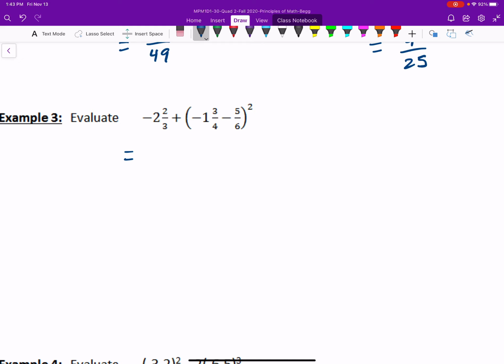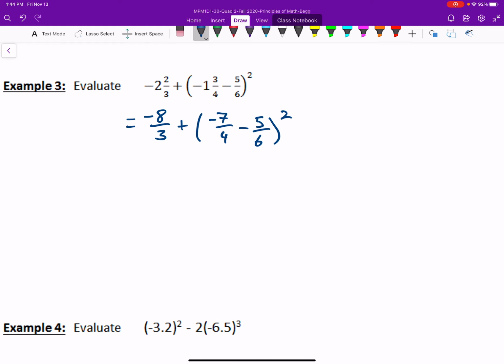So I'll change this first fraction to an improper fraction, just for example. 2 times 3 is 6, plus 2 is 8 over 3. Put the negative sign up top. Change the other ones to improper fractions. 1 times 4 plus 3 is 7 over 4. Put the 1 up top. Okay. Keep the 5, 6. Keep the squared. That's all I'm doing in that step.